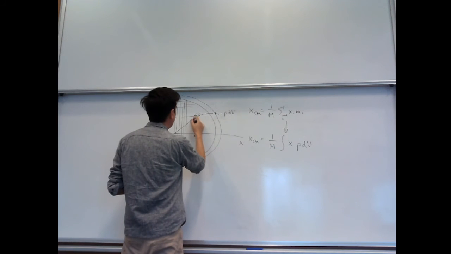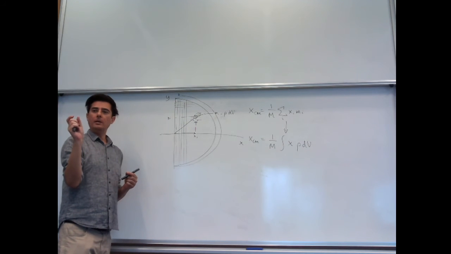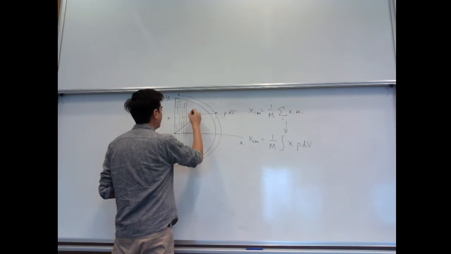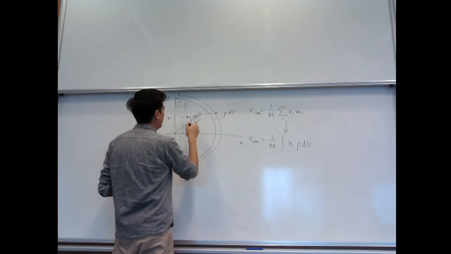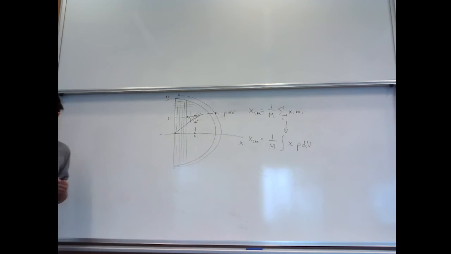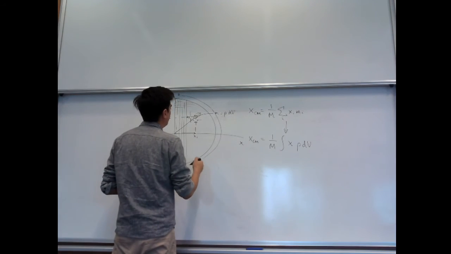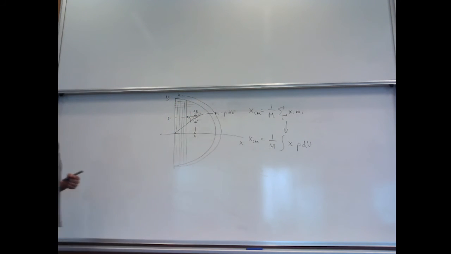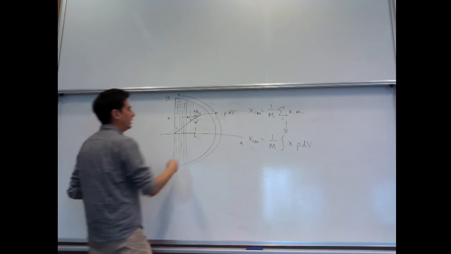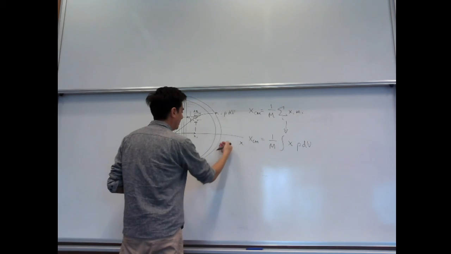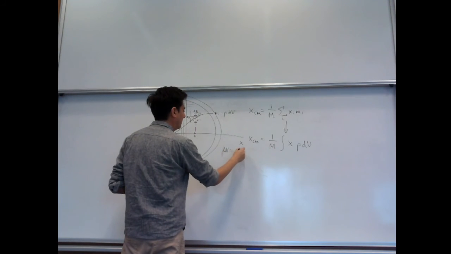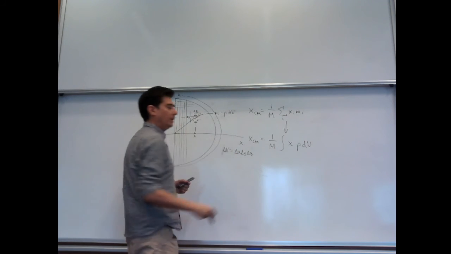It would be the width of this small piece times the width of this small piece in the y direction. And if we're doing a general case, then it would also be the size of that thing in the z direction. So the small volume here would be equal to basically delta x, delta y, delta z.